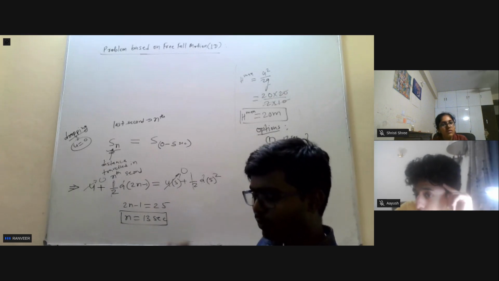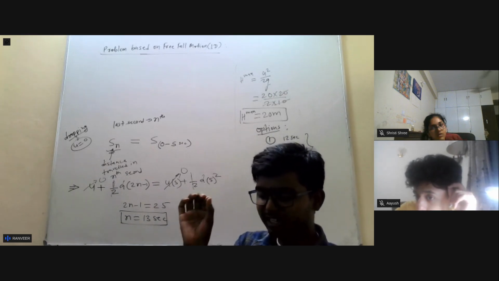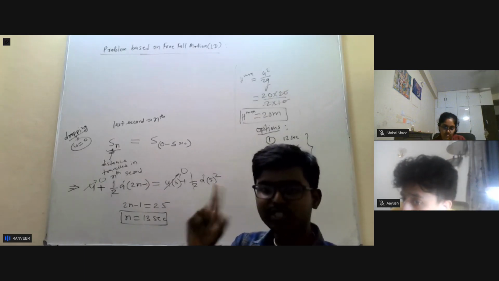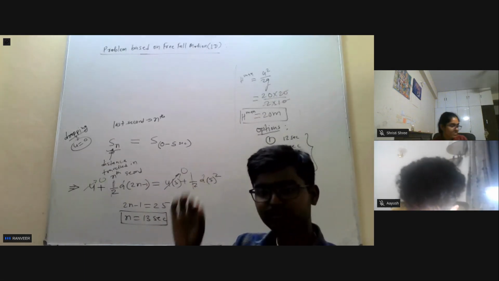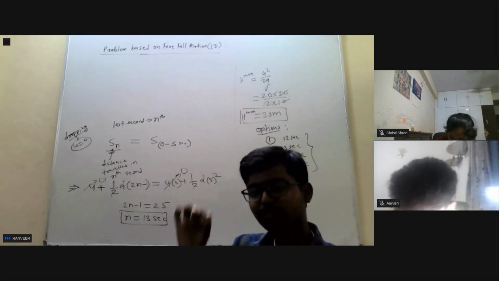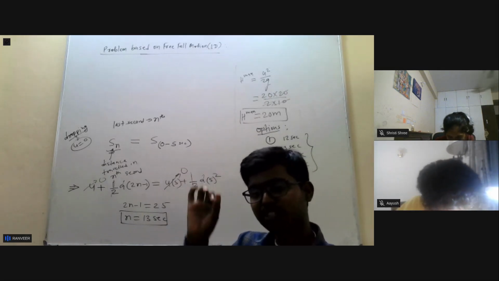It's telling: water drops fall from a tap at an interval of 1 second. Every 1 second, a water drop is coming down.